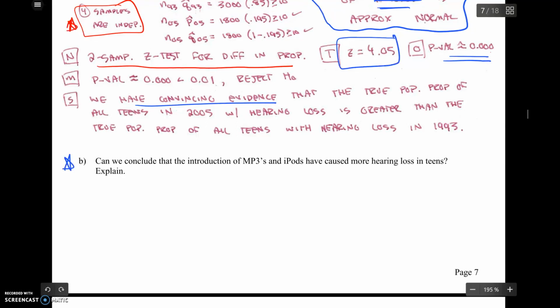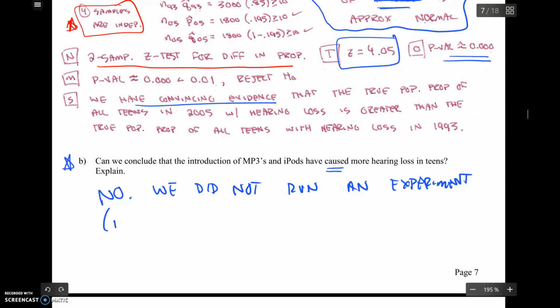Okay. Part B says, can we conclude the introduction of MP3s and iPods has caused more hearing loss? The answer to that would be no. We did not run an experiment, meaning there was no assignment of treatments.